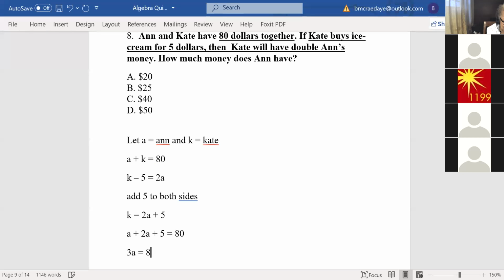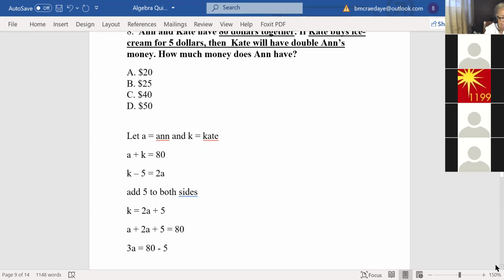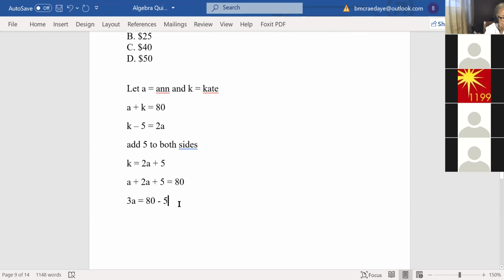That's 80 minus 5. I'm combining steps here. So 3A is 75. So what is A equal to? Latoya, what is A equal to? 25. That's it. Divide both sides by 3. A equals 75 divided by 3 equals 25.